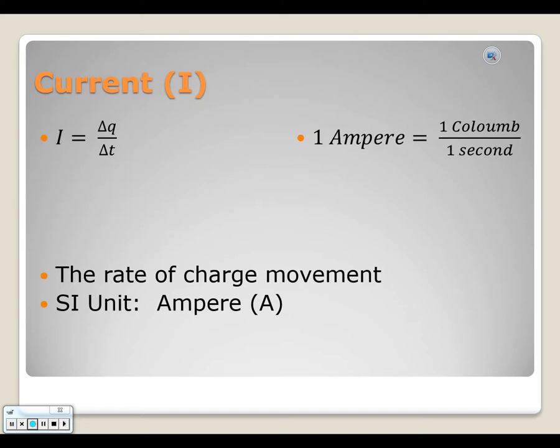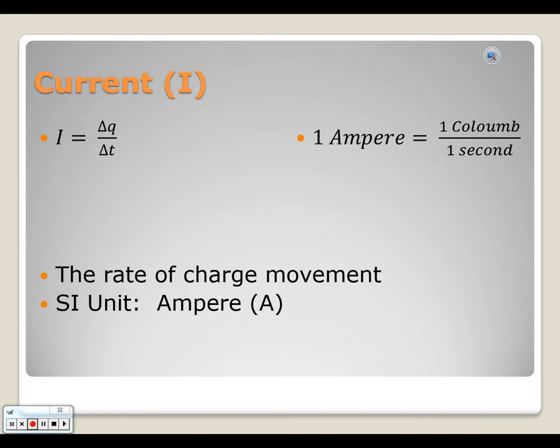Coulomb measures charge, and second measures time, right? So charge over time, just like the definition. So 1 ampere is the movement of 1 coulomb of charge in 1 second, coulombs per second. All right, good there? Okay.